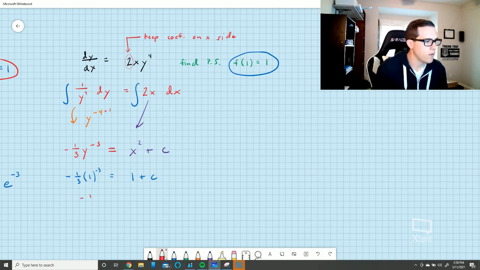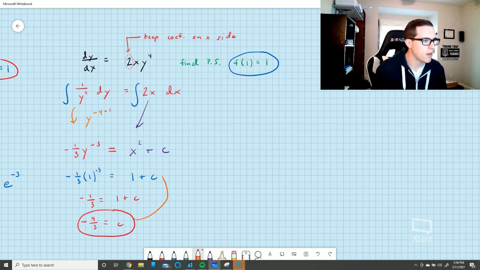So negative 1/3 equals 1 plus c. Minus the 1 over, we end up with a negative 4/3. So there's my c value. Plug that back in here. So we end up with negative 1/3 y to the negative 3rd equals x squared minus 4/3.